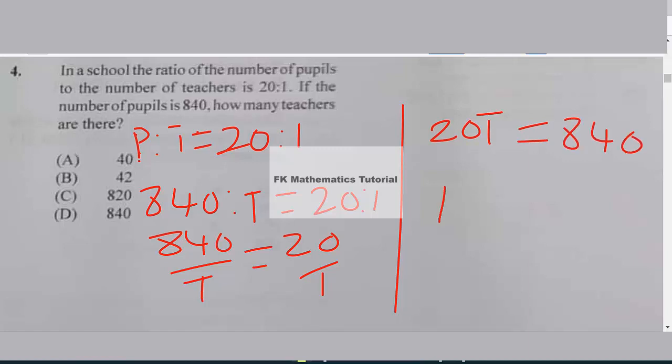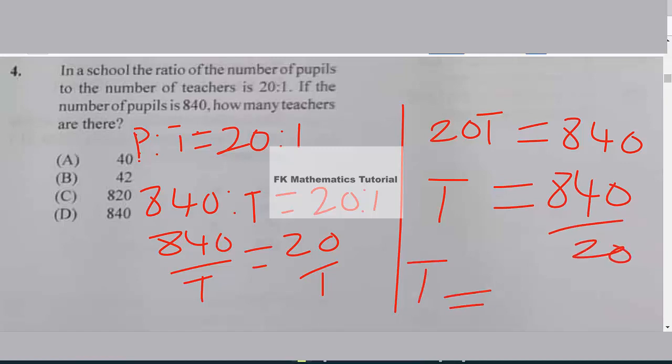So we divide both sides by 20, you get 840 over 20, and that will be equal to 2 going into 84, 42 times. So there are 42 teachers.